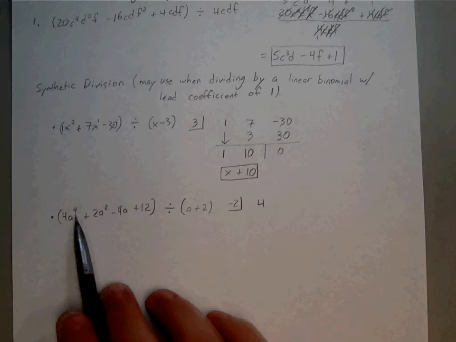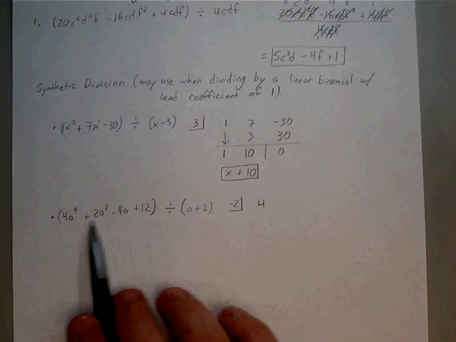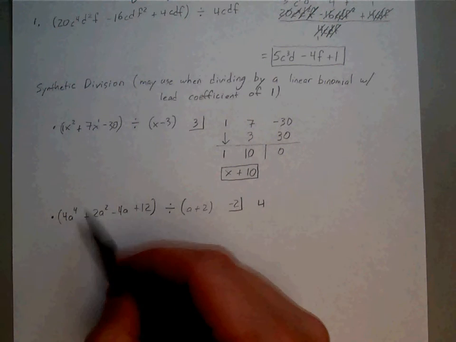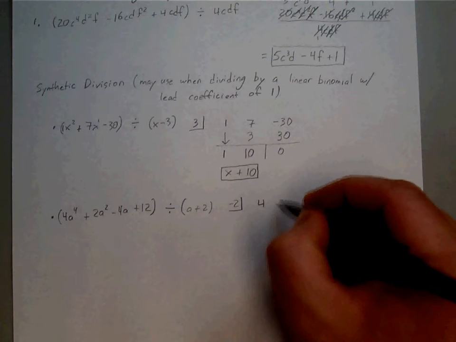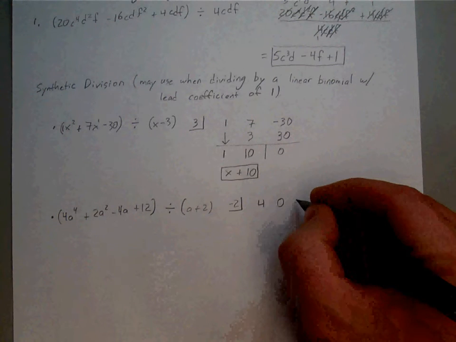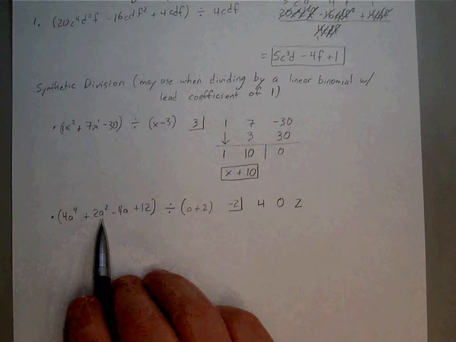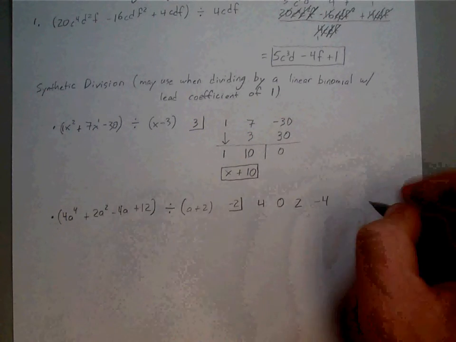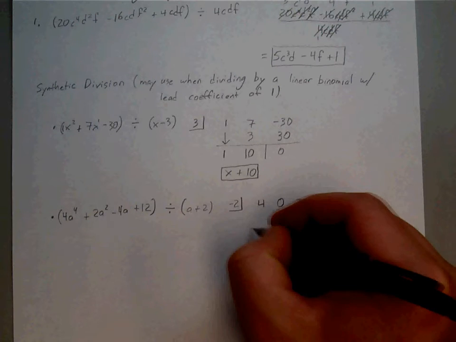And then if we descend from there, next should be a cubed. And notice there is no a cubed. We cannot skip it. If you skip it, you're going to miss part of your answer. We need placeholders. If there's no a cubed, I have to put a 0 there because it's 0 a cubed. Then a squared is a positive 2 for a coefficient. After a squared is a, its coefficient is negative 4. And then our constant, which is 12. Okay, I got them all.